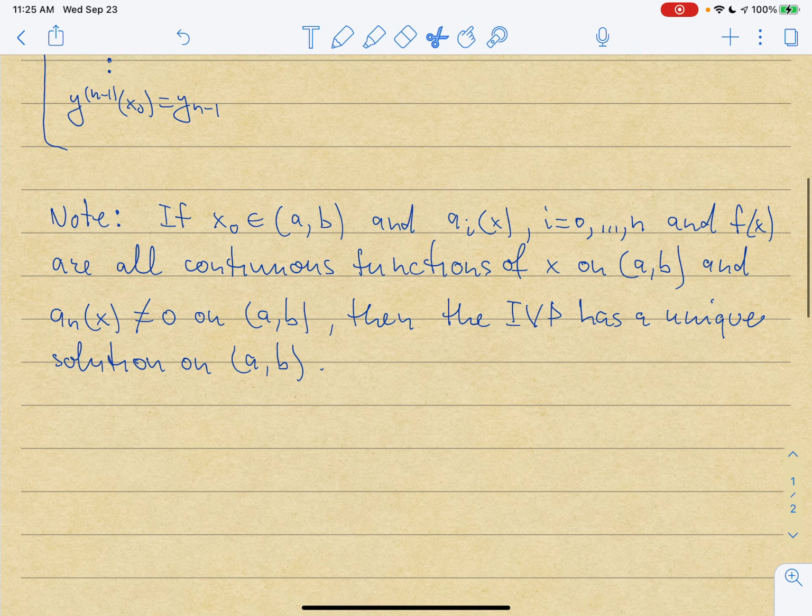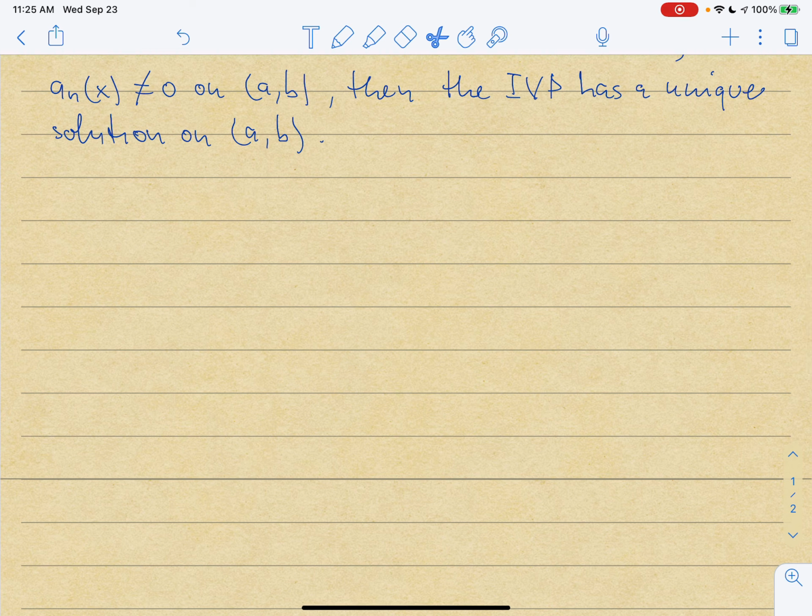So, let's do a couple of examples. For example, if I take the equation y double prime plus 3y prime plus 2y equals 0, and maybe y(0) is equal to 1.